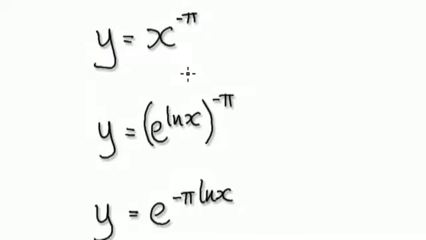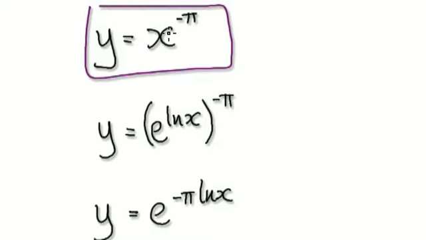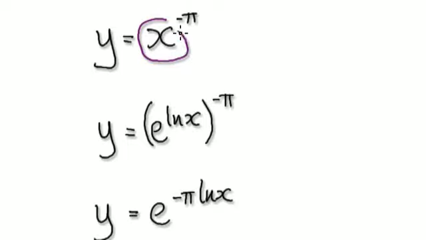Normally we would natural log both sides, but here we're going to use a different method. We're going to use e. Starting out with this, your eye should zoom into this x here.